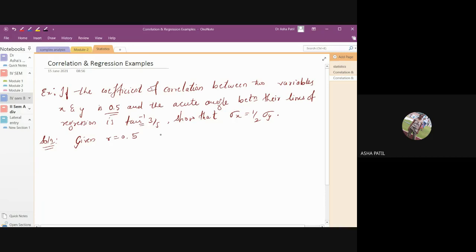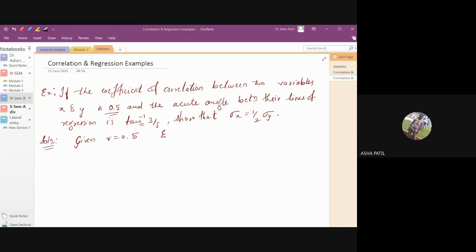What will you denote the angle between the regression lines by? Theta, ma'am. Theta.